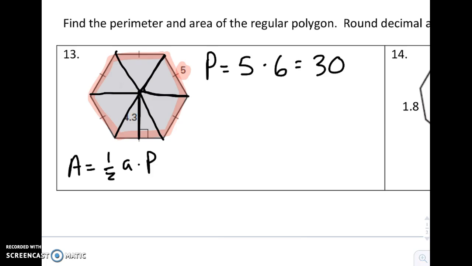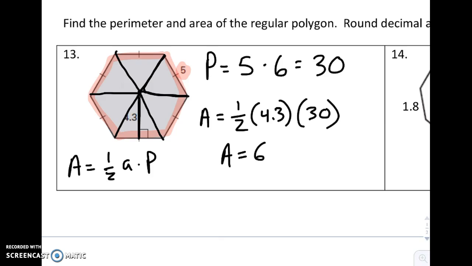If we use the formula, the area will equal 1/2 4.3 times, whoops, not 5, excuse me, 30 is our perimeter. So it's 0.5 times 4.3 times 30. The area is equal to 64.5.